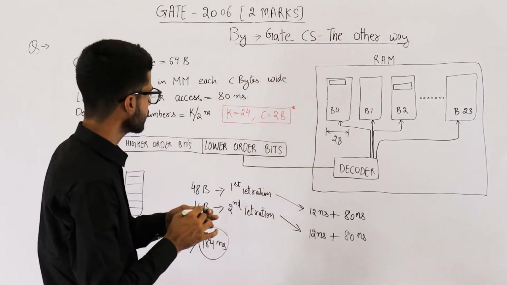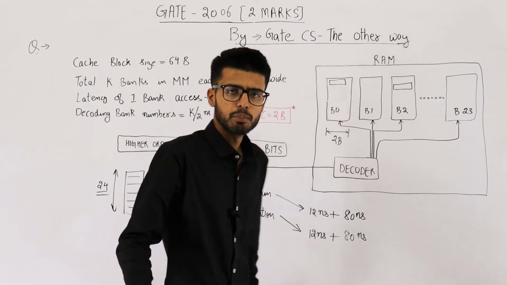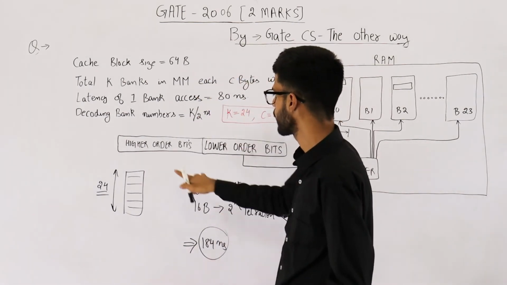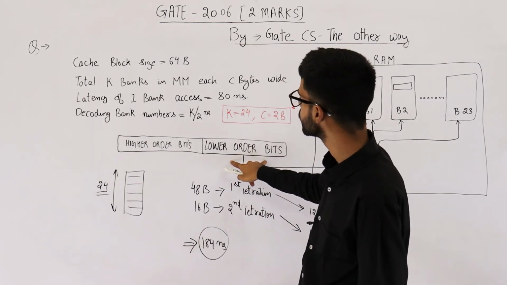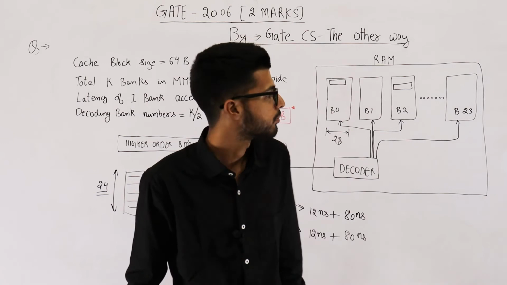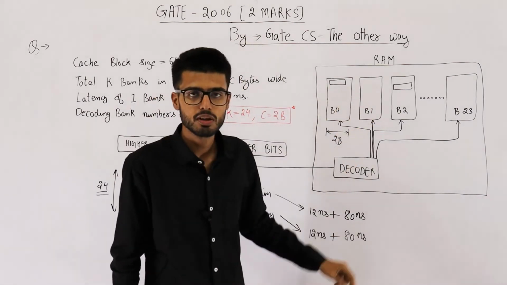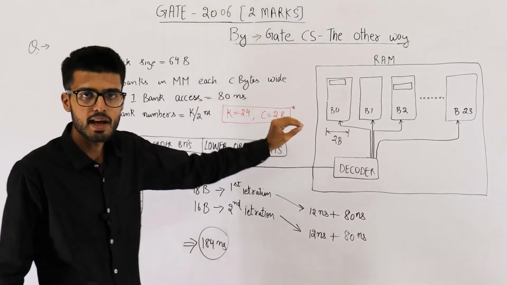Okay. Yeah, so let's also discuss this. The CPU will generate some address. It will be divided into two parts, higher order bits and lower order bits. These lower order bits will be used to identify a bank number. The decoder will use these bits to find out the bank number, and then the remaining bits will be supplied to that particular bank.